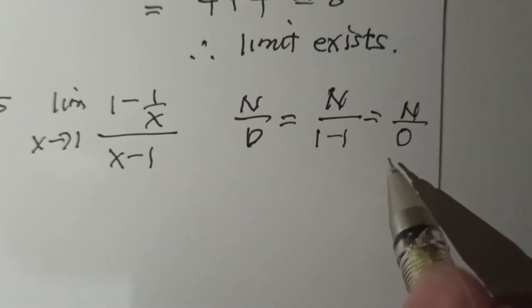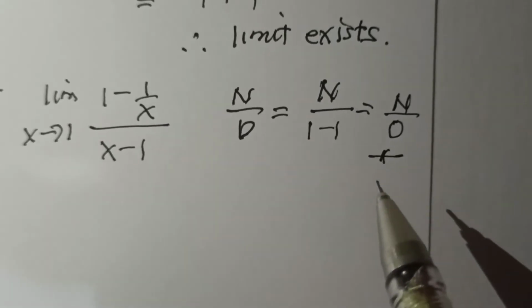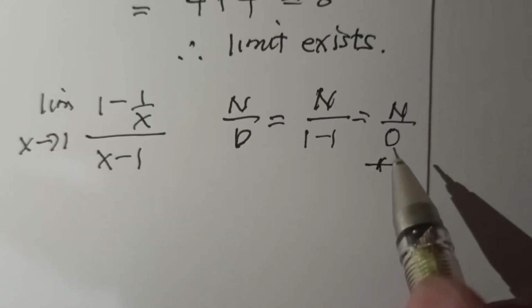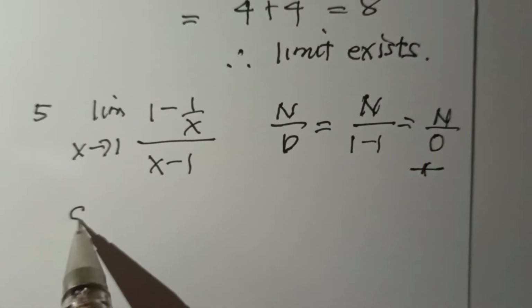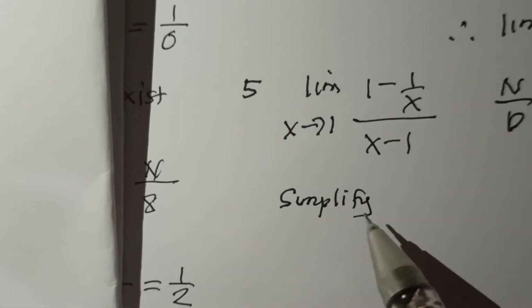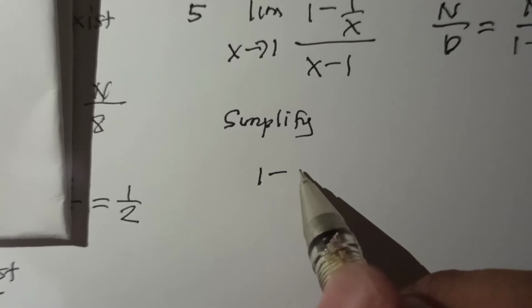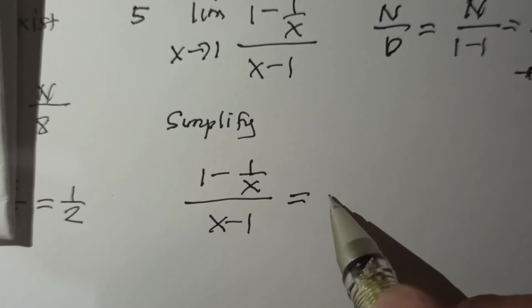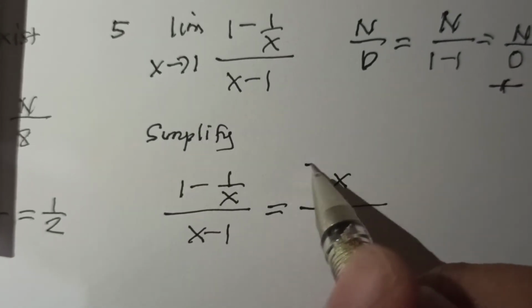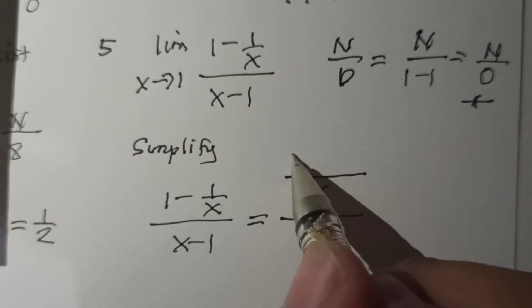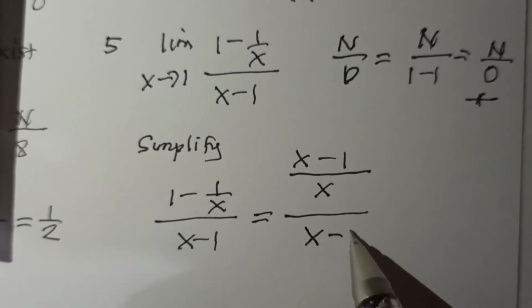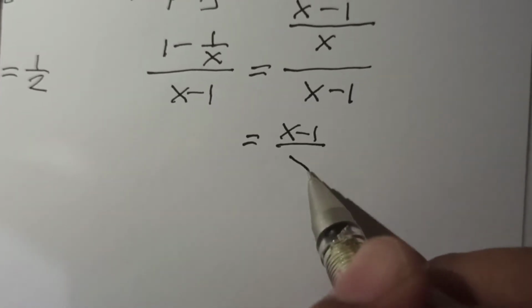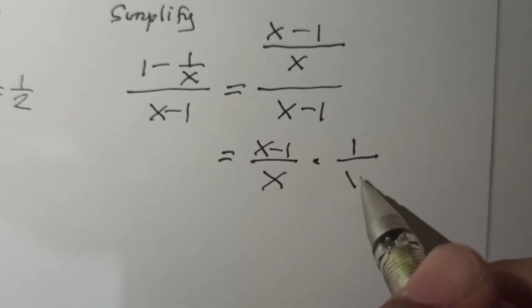At this time, we cannot determine if it exists because the denominator is equal to 0. But we have to look for simplification. In this part, we have to simplify first. So 1 minus 1 over x minus 1. If we're going to simplify this, the denominator is x minus 1 over x. So take the reciprocal: x minus 1 over x times 1 over x minus 1.